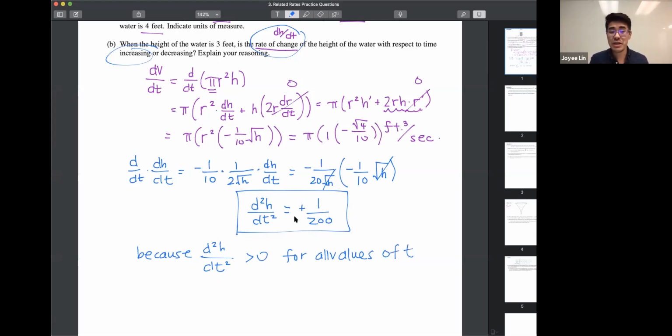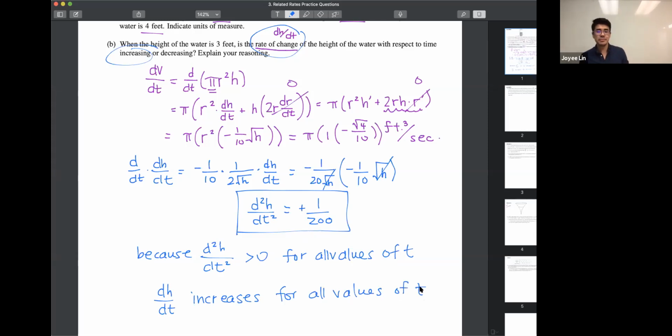Right, it doesn't matter what your t value is, right? It's always going to be +1/200. You can say dH dt increases for all values of t, something like that. Any questions on that one?